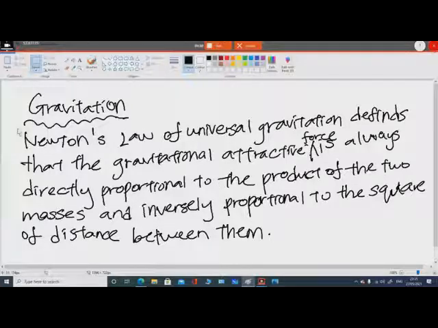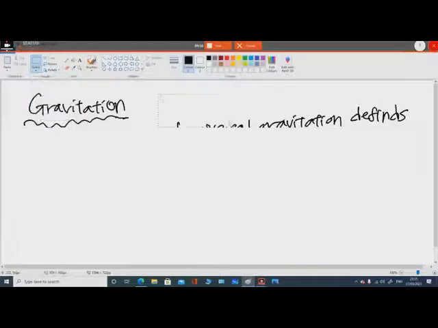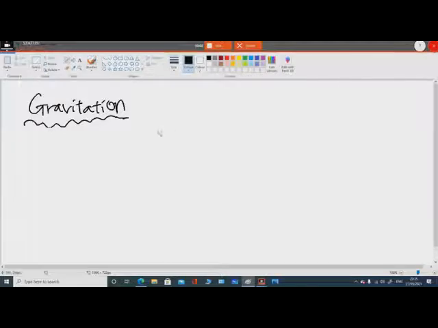In terms of quantitative, we represent the definition in terms of formula. This is our gravitational force, which is directly proportional to the product of the two masses and inversely proportional to the square of distance between them.